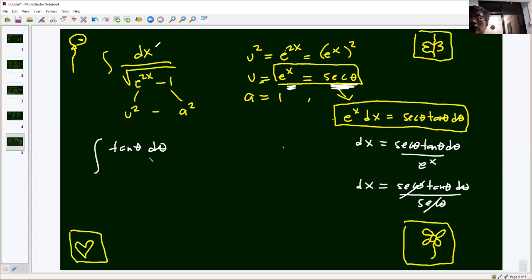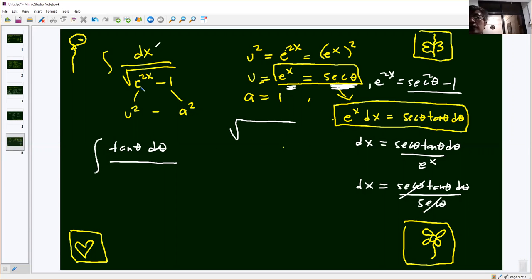Now, yung ilalim naman, square root of e to the 2x minus 1. Using the trig sub, magiging ano yan? Kasi e to the x is secant, therefore e to the 2x is secant squared. So remember, this is using the Pythagorean identities ng trigo. So mangyayari, this would be secant squared minus 1.